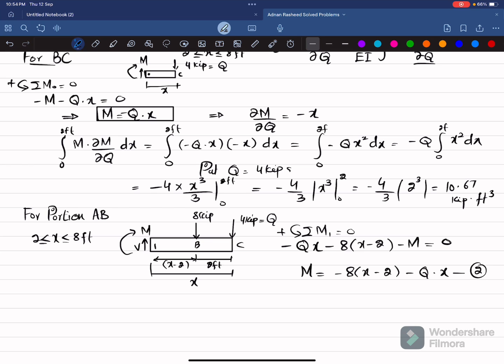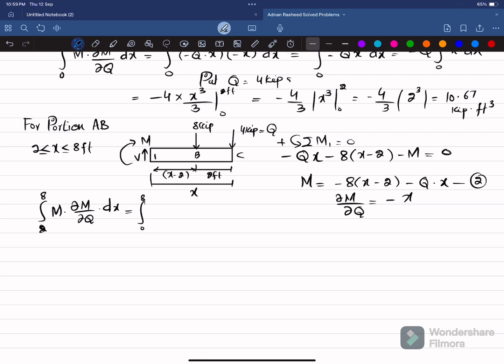Now we have the equation, and the limit is x greater than 2 and less than 8 feet. So 2 and 8. So it is the moment M into partial M over partial Q into dx. So again, put the limit from 0 to 8.